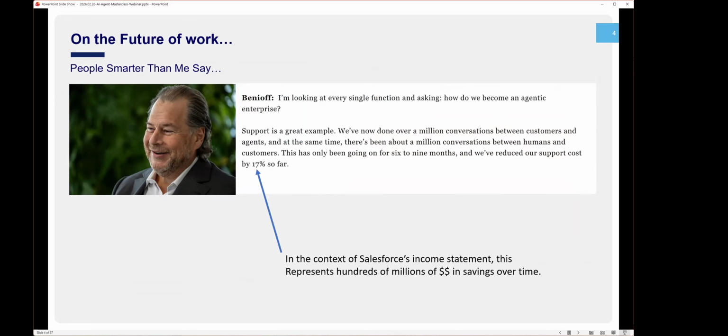It's not an easy platform to use. So a 17% reduction in cost on Salesforce's income statement represents hundreds of millions of dollars worth of savings, where they've rolled out agentic workflows and sophisticated AI agents, and they just don't need as many humans in the function anymore. And we're going to see that pattern again and again and again in every industry, in every role, in every function.